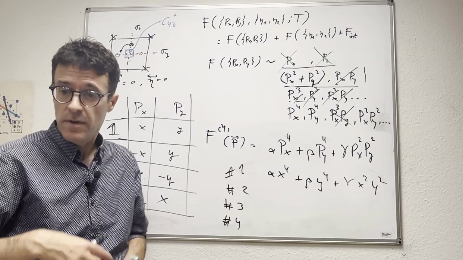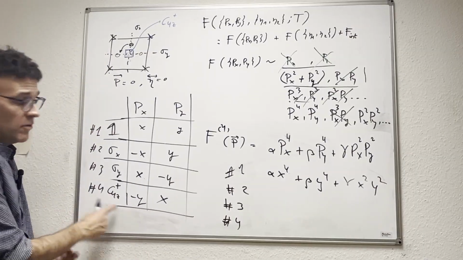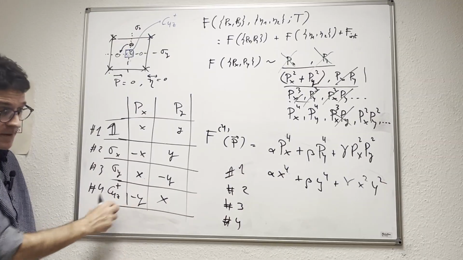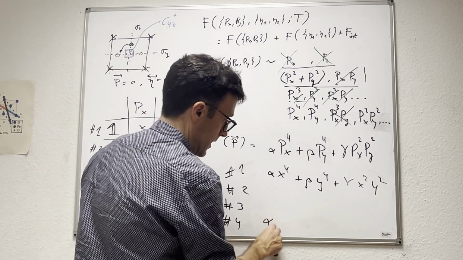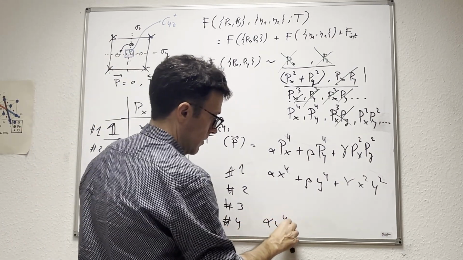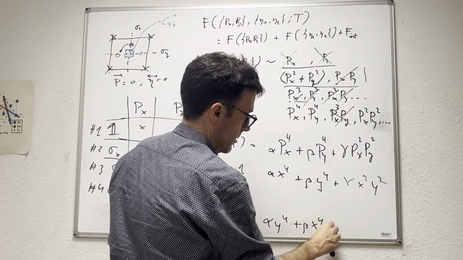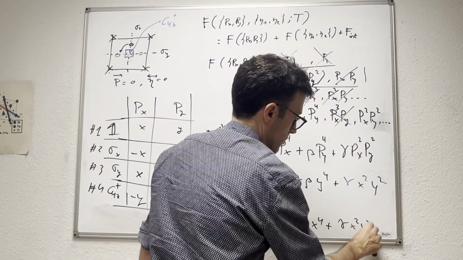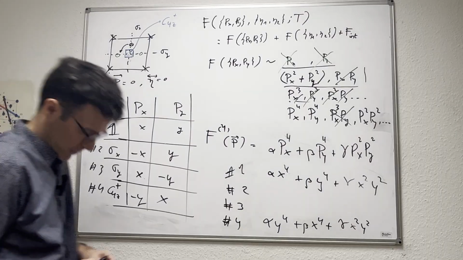Because the powers are even, we are vaccinated against that. But when we swap, here we have some extra information. Again there is a change of sign, but that doesn't come about anywhere. What happens is that I get alpha y to the fourth plus beta x to the fourth plus gamma x squared y squared. Sounds reasonable.